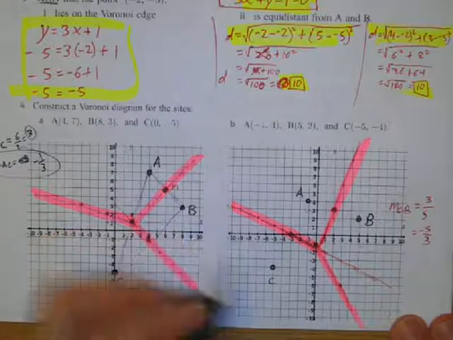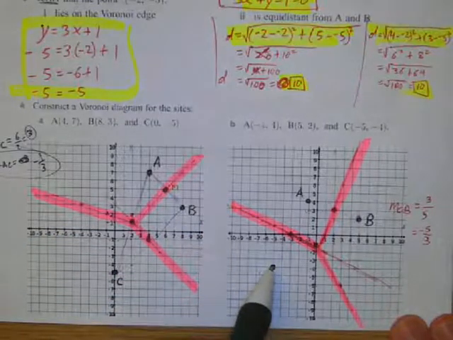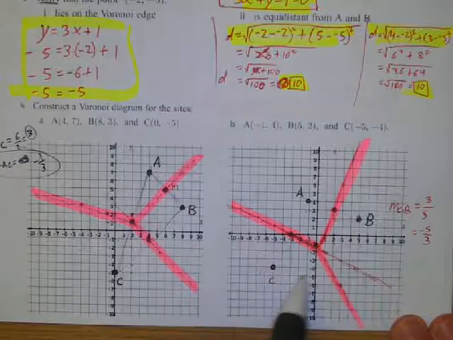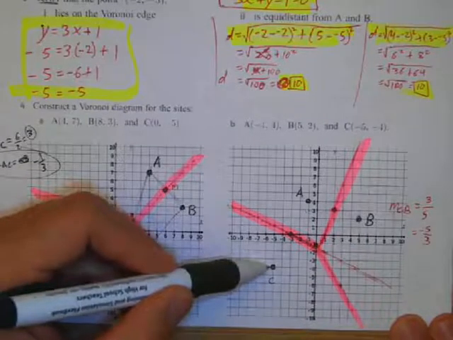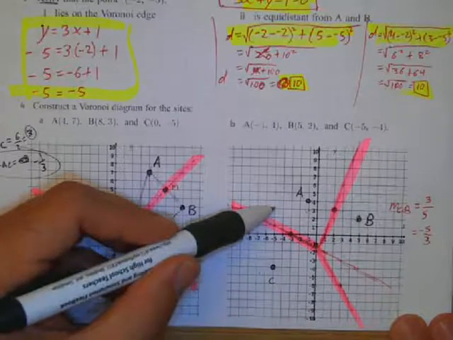Now, halfway between C to B, this is negative 5, this is positive 5. And the change in the y is 6.